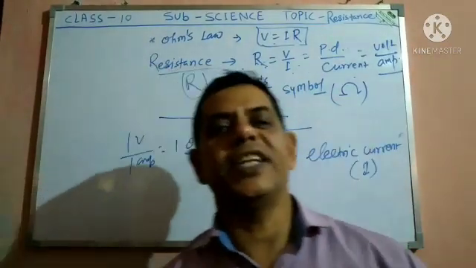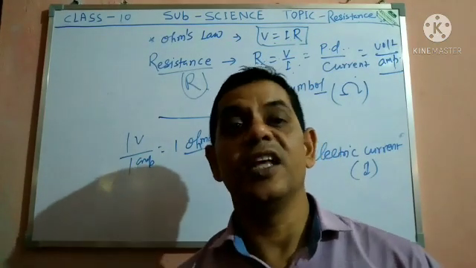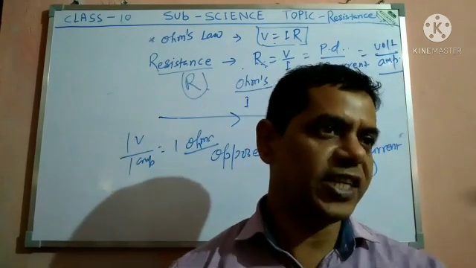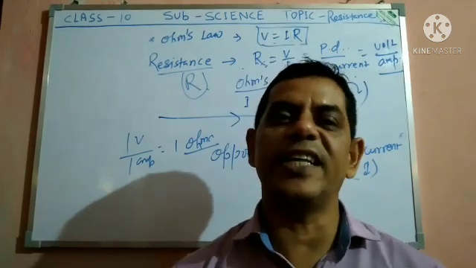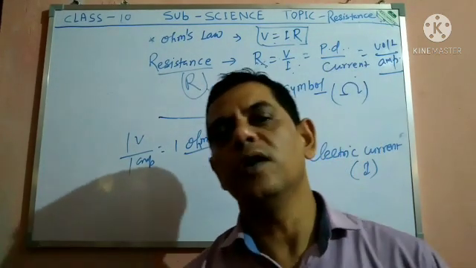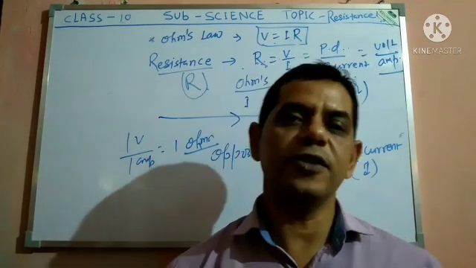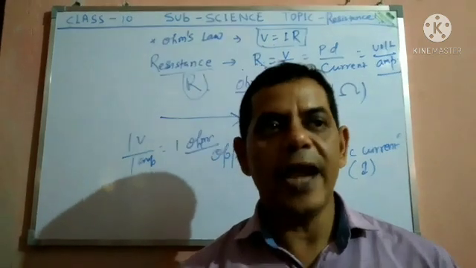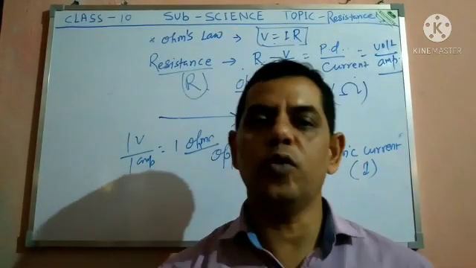Some factors depend on the resistance, such as the size of the conductor. A conductor, as you studied in previous classes, is a material through which electric current passes. When a material does not pass current, it is an insulator. Semiconductors sometimes pass current and sometimes do not.